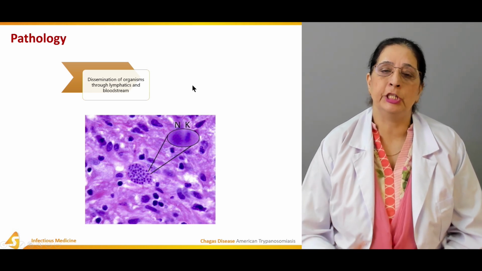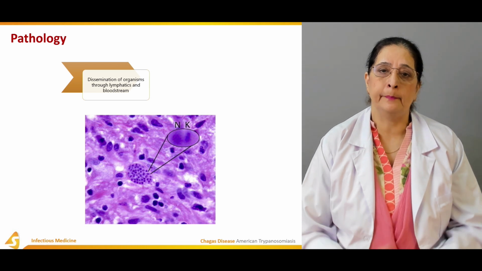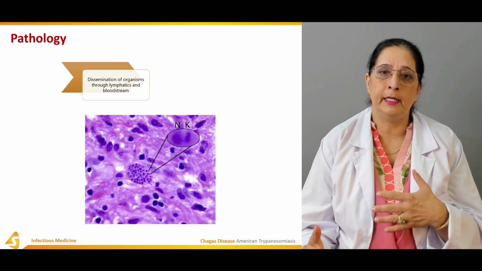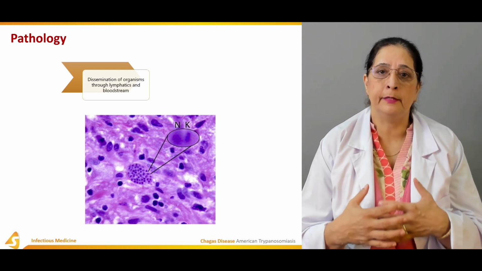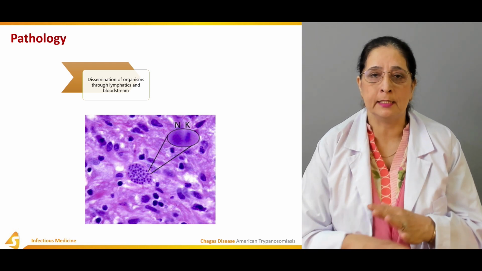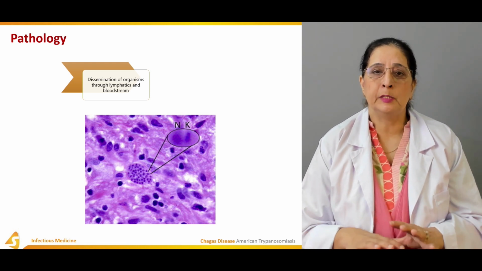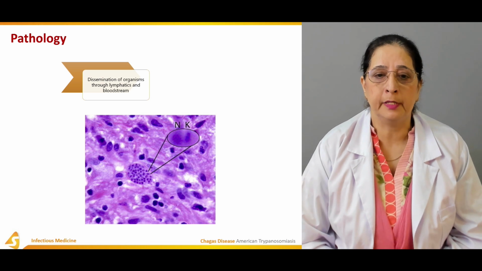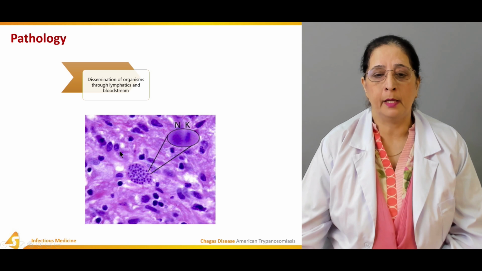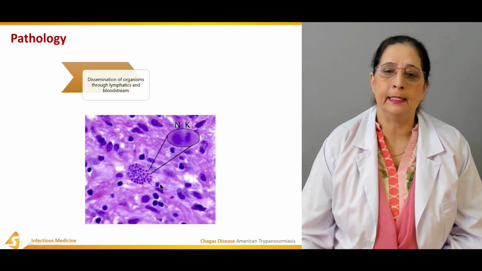Dissemination of the organism occurs through the lymphatic system because it's already in the lymphatics and the lymph nodes, and parasitemia is also present. So from these sites it spreads to different parts of the body, through the bloodstream and the lymphatics.